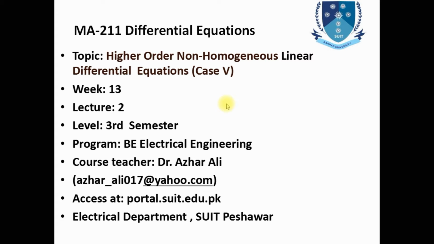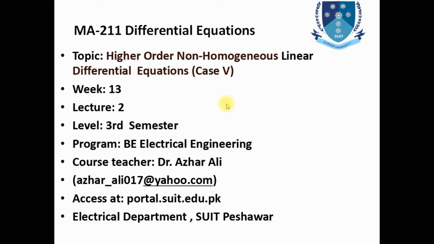Now this case number 5 is related to when the function on the right hand side of the higher order non-homogeneous linear differential equation is in the form of product of polynomial and trigonometric function. For example, polynomial multiplied with sine ax or polynomial multiplied with cos ax. Then how can we find the particular solution for the higher order non-homogeneous linear differential equations?